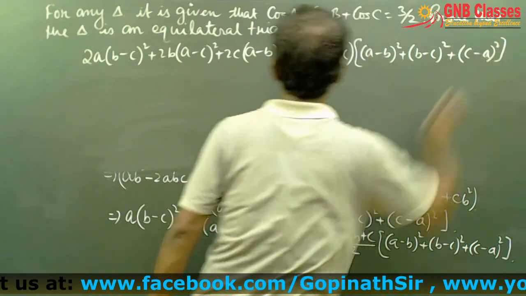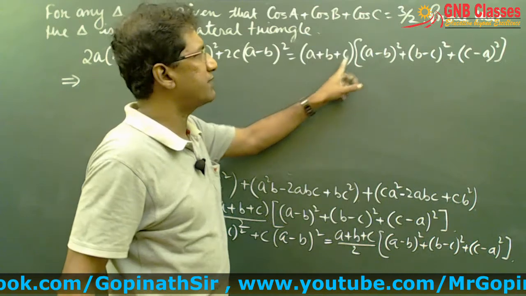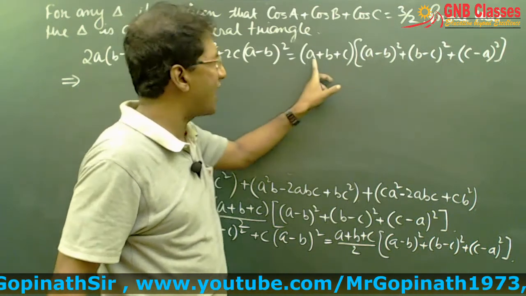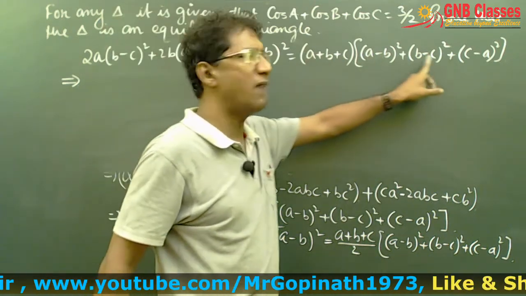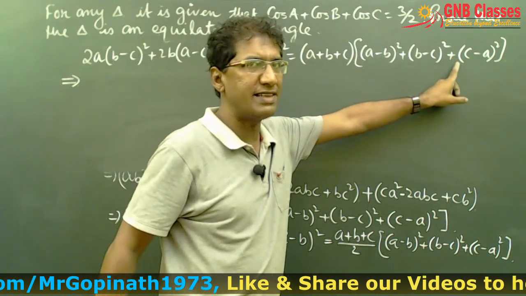Is it clear? Now, if we observe the right hand side, we will get A plus B plus C into A minus B whole square plus A plus B plus C into B minus C whole square plus A plus B plus C into C minus A whole square.